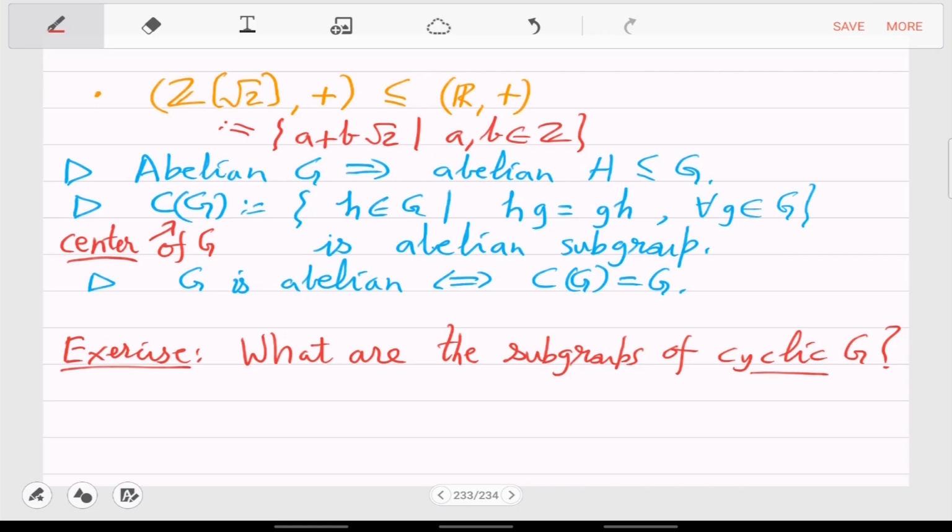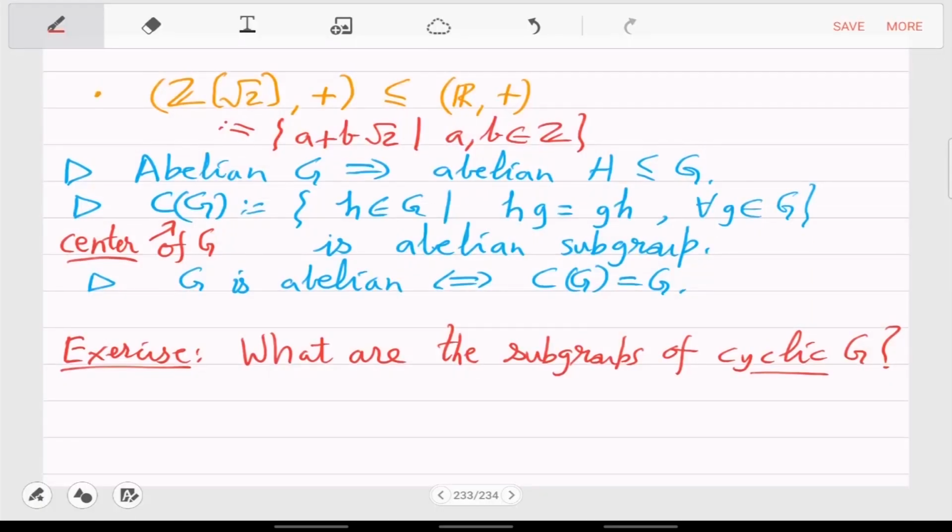So for example, will these subgroups be cyclic or not? They have to be, right? Because if a subgroup H of this G has an element y, then the powers of y are in there, and you can show that nothing else is there, because if something else is there, you can actually look at the power of that and you can argue. So you know that it's a cyclic subgroup, and then you can identify what exactly it is. You can think about that. We don't have time in this class for that.